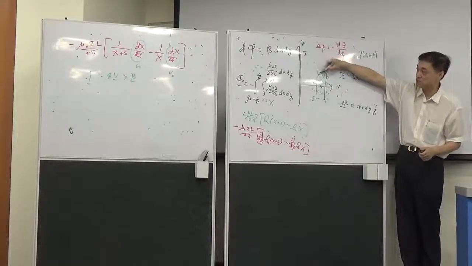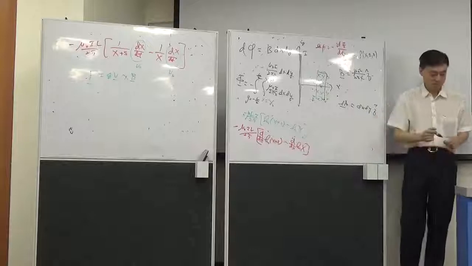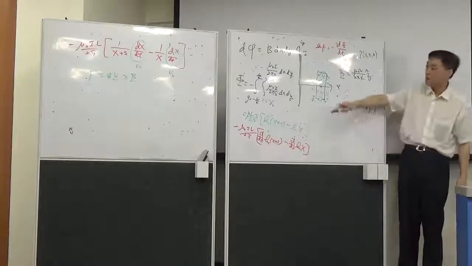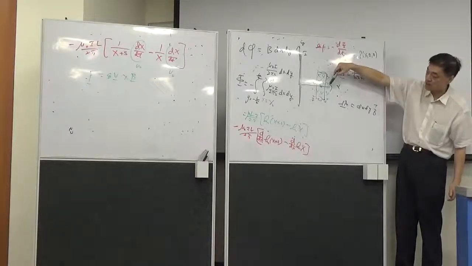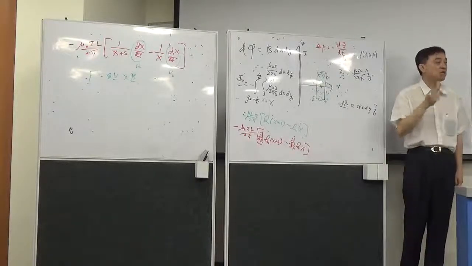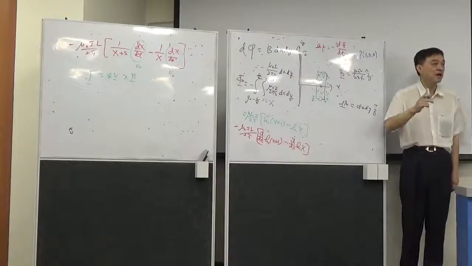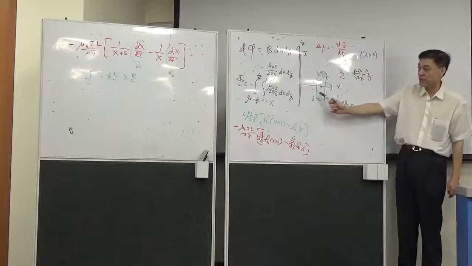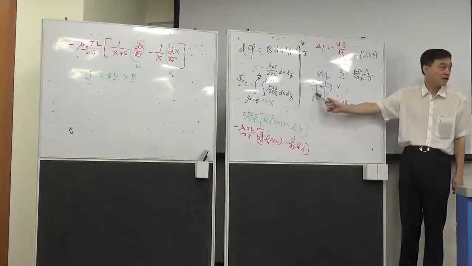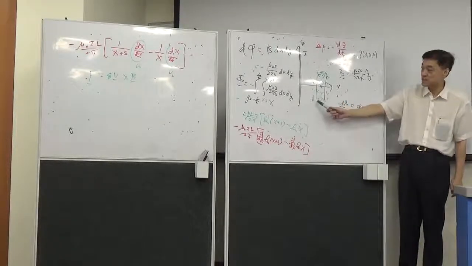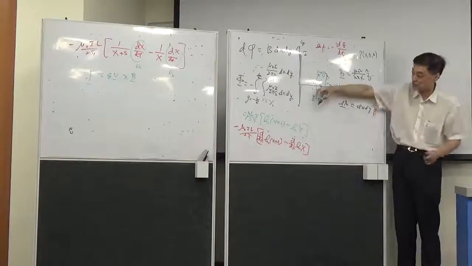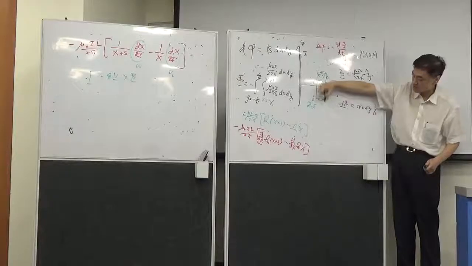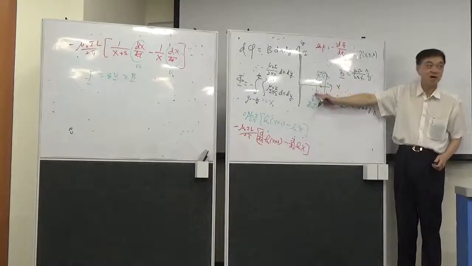But these two lengths have no effect. These other two lengths have an effect, F equal to Q v cross B. But the B at this point and the B at this point are not the same. So this one will accumulate more charge than here, because the B is stronger.